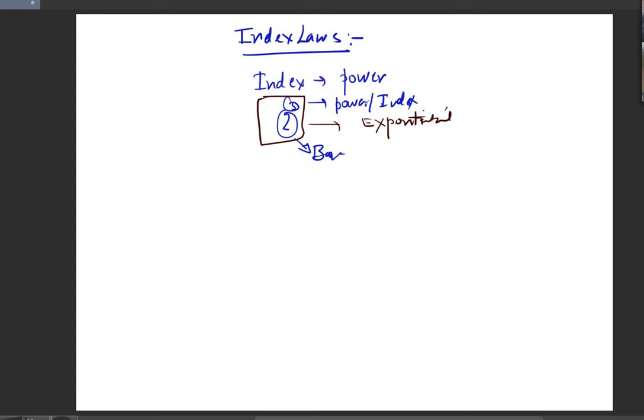Now, let's understand the basic laws of indices. So the first law, law number 1, is the multiplication law.